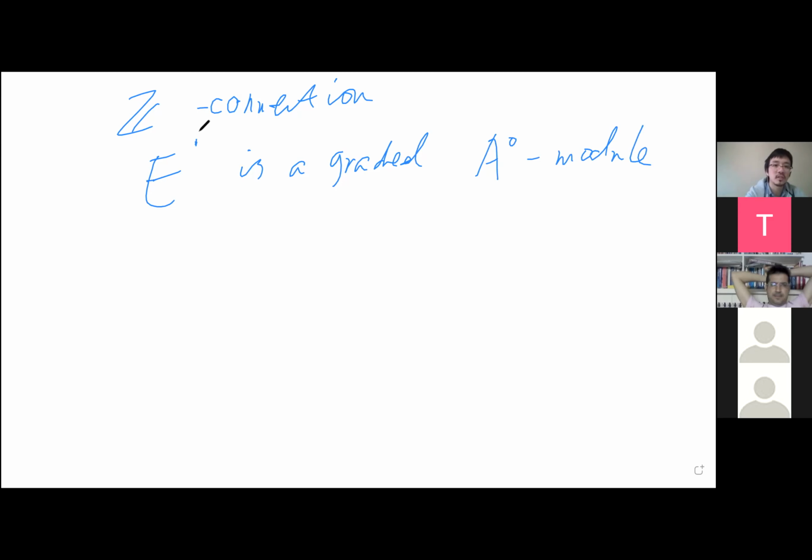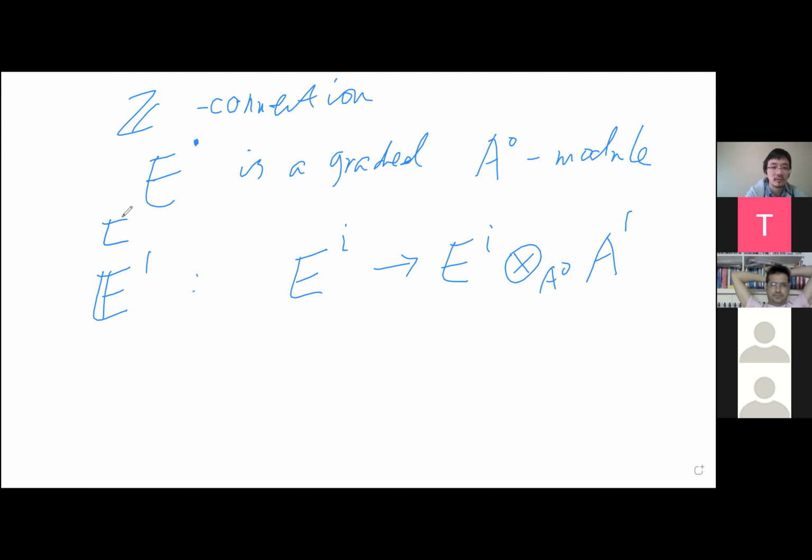So what is a Z connection on it? First, we have E1, that is each Ei goes to Ei tensor over A0 A1.